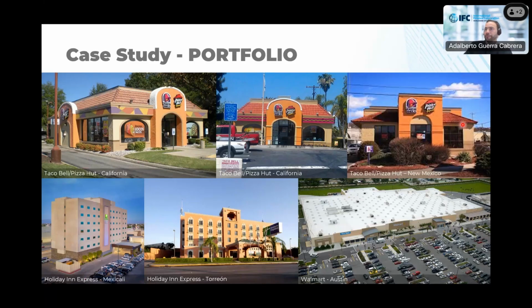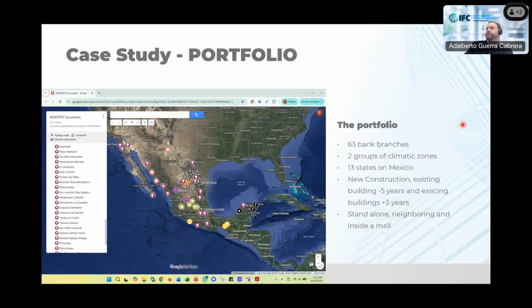Thank you. Perfect. Thank you, Adel. Thank you, everyone. So this is the case study. The portfolio was 63 bank branches located in two climatic zone groups, meaning we have buildings from 2A all the way up to 4B. They were located in 13 different states of Mexico, and we had new construction, existing buildings that had been in place for longer than 5 years, and existing buildings that were less than 5 years old.